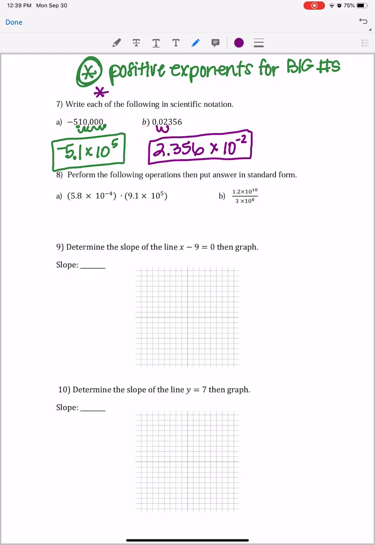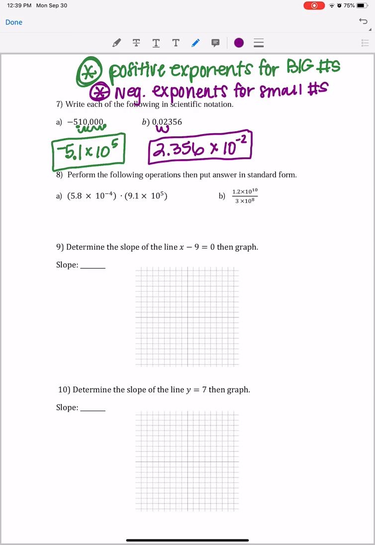So negative exponents for small numbers. Okay, right? 0.02, that's a very small number, so that needs to be a negative 2.